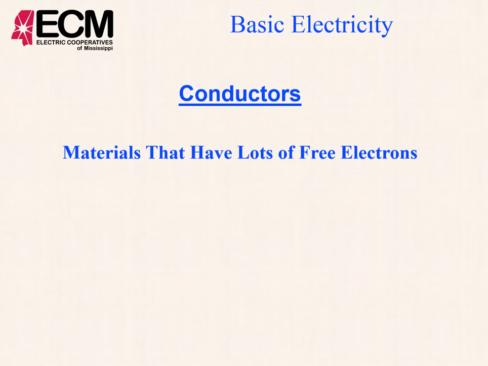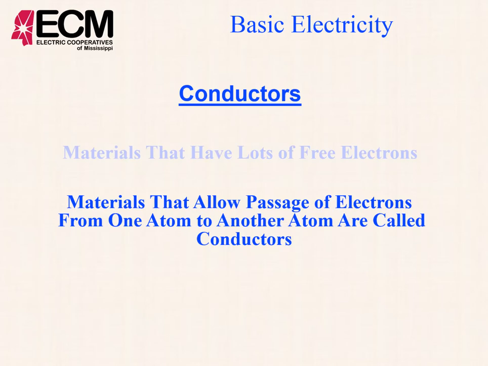So if a material has lots of free electrons, it's going to have more electrons than it does protons. If they had an even number, they would be bonded or bound together. But since there's an imbalance, say if we had 20 protons and 30 electrons, we would have 10 free electrons. And a conductor has lots of those free electrons. It has a lot more electrons than it has protons, okay?